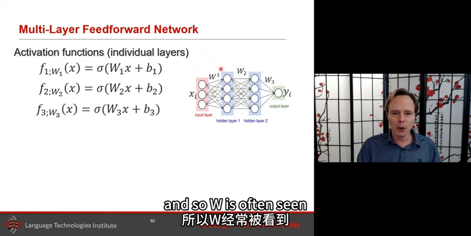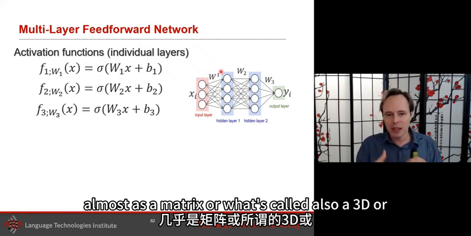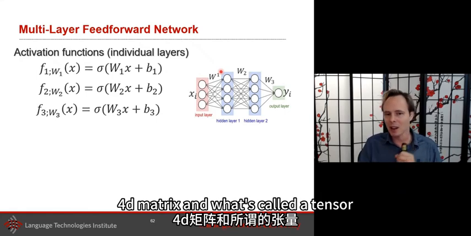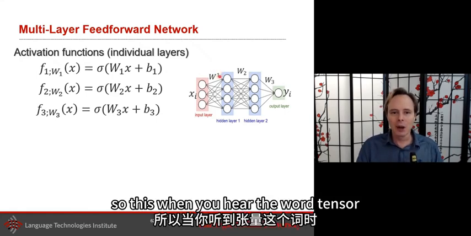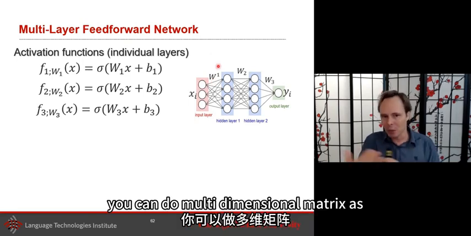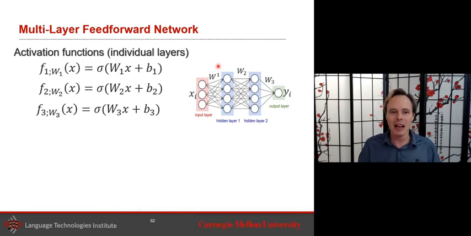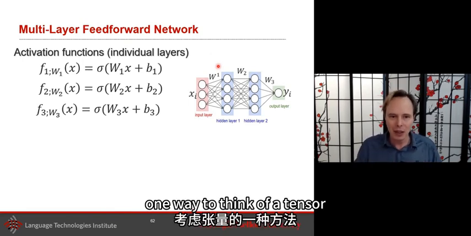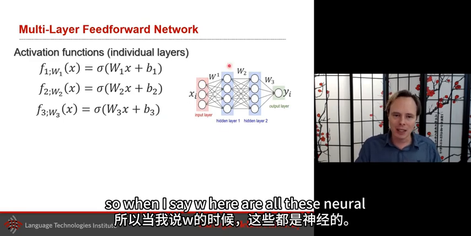And so W is often seen almost as a matrix, or what's also called a 3D or 4D matrix, what's called a tensor. When you hear the word tensor, you can think of a multidimensional matrix as one way to think of a tensor.